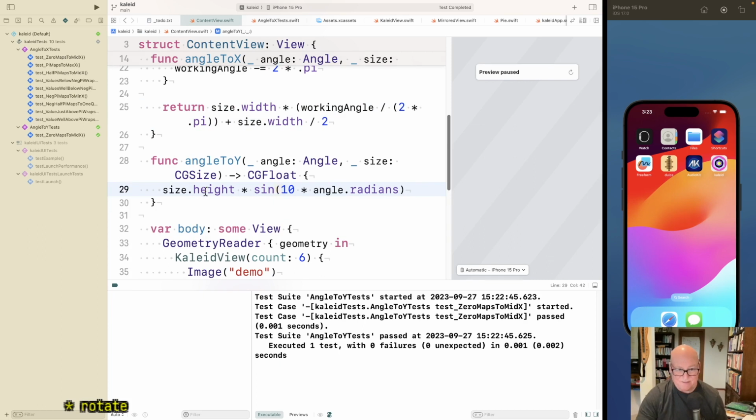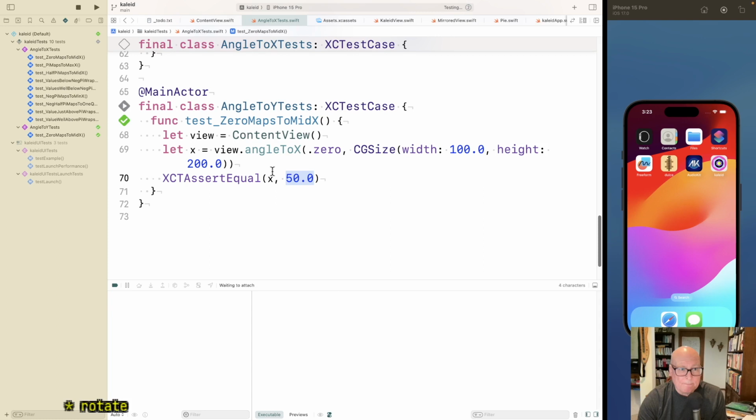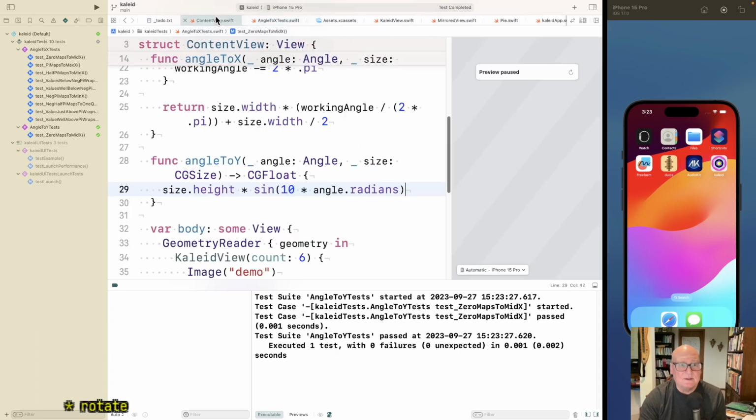Okay, so now I should fail, I think. Now, how's that passing when I change the code? It was 4.